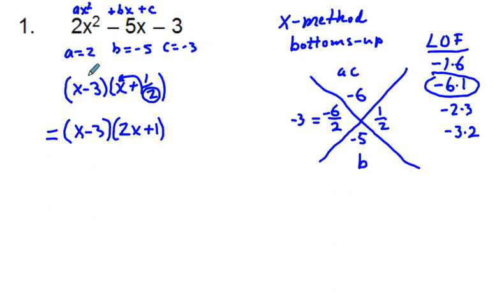And if we multiply these two factors together, we're going to get our original, which we're going to have negative 6x here, and then we're going to have plus x here, which when added together equal negative 5x. So this will be our answer.